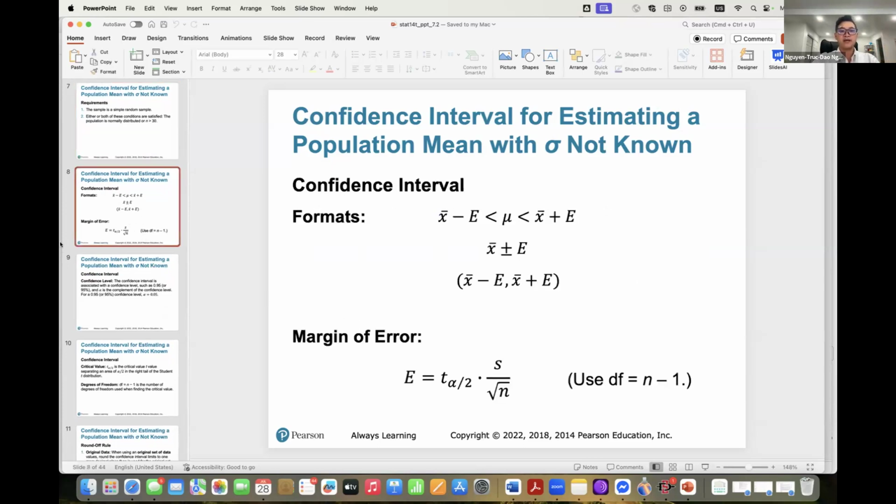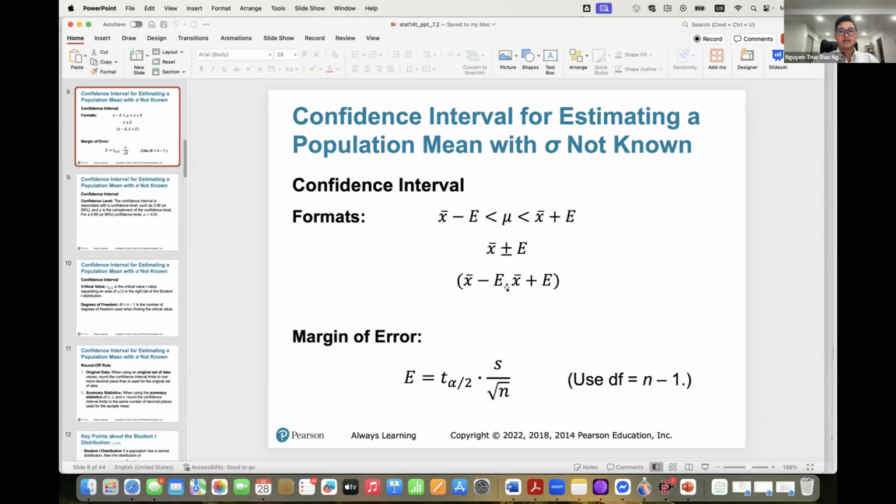Now, in this case, we use the formulas X bar minus E and X bar plus E, where E is the margin of error. These are the lower bound and the upper bound for the confidence interval for estimating the population mean. The margin of error E is calculated by t alpha over 2 times S divided by the square root of n.